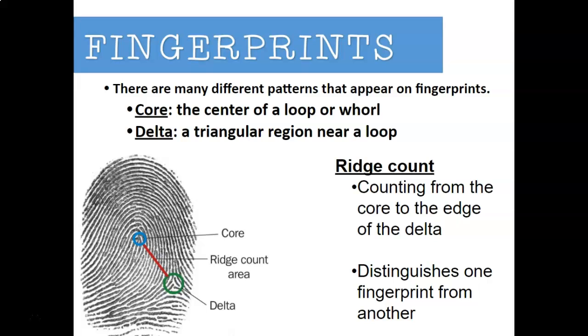And then a delta is a triangular area near that core, and from there you can do what's called a ridge count. You would count how many ridges are in between the core and the delta, and this is what distinguishes one fingerprint from another: that ridge count and where on your fingerprint the core and the delta are.